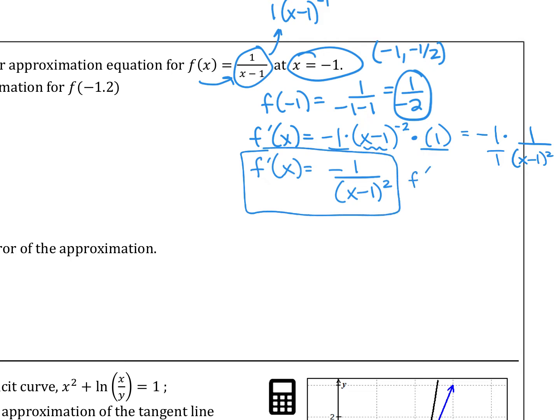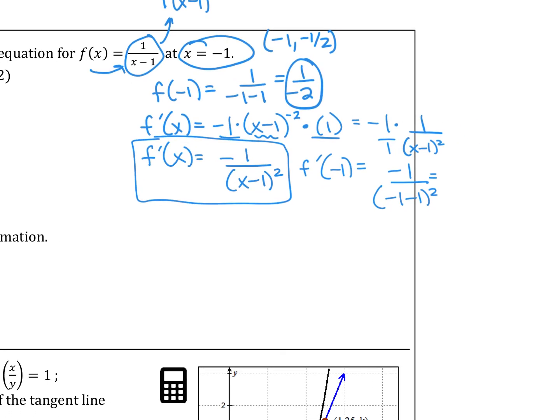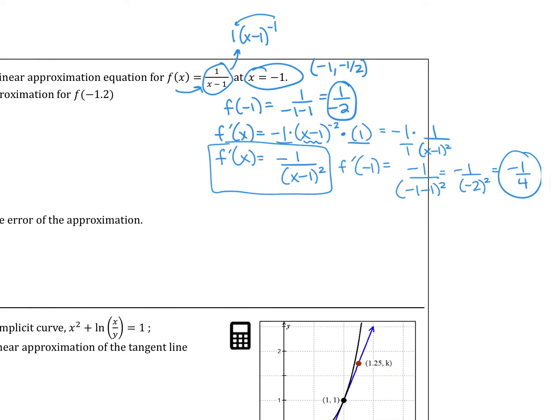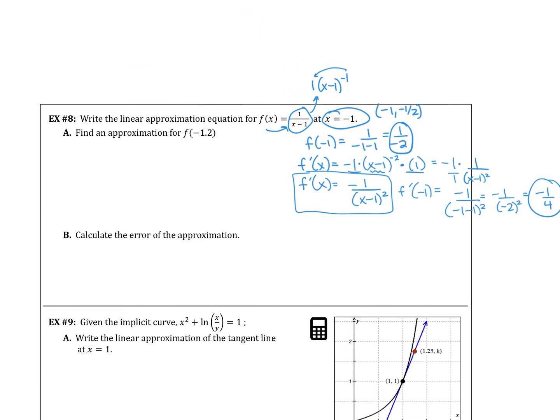So f prime at negative 1 is going to be negative 1 over negative 1 minus 1 squared, which is negative 1 over negative 2 squared, which is negative 1/4. So my slope of my linearization equation is going to be negative 1/4.